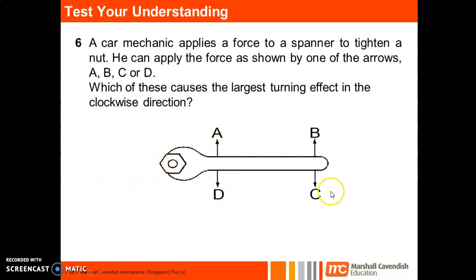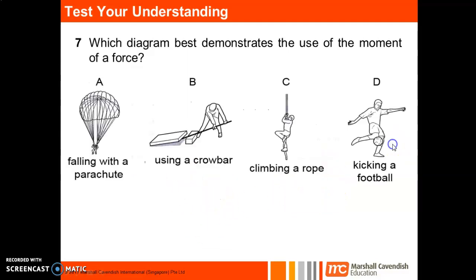So I can eliminate C and D. If I want the largest turning effect, I will need a longer perpendicular distance. Sorry, I made a mistake. A and B are in the anti-clockwise direction, and C and D are in the clockwise direction. So in order to have the largest moment, you must be further away from the pivot in this case. So the answer is C. Sorry, I got the direction wrong.